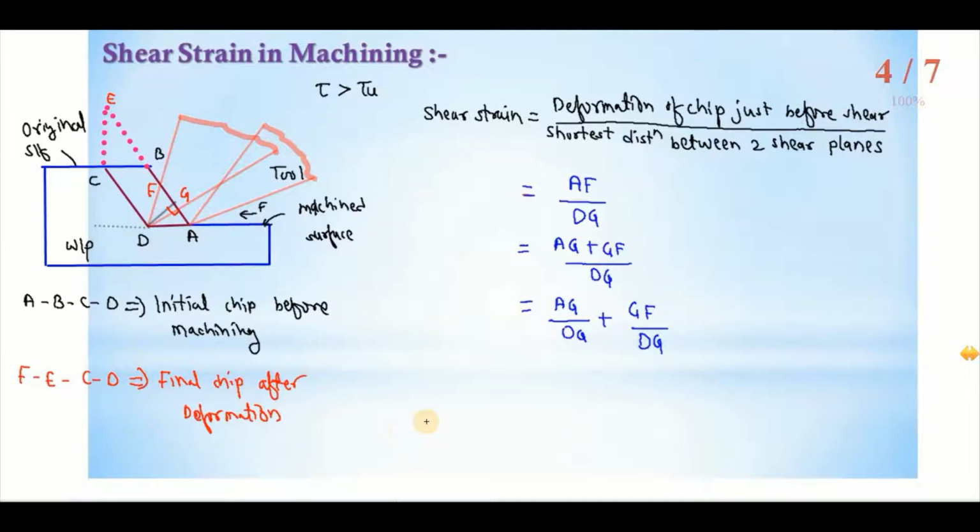Now for the shear strain, if you see the rectangle we are getting here, in this rectangle, if you draw all the forces, I will take here, remember that diagram, the rectangle that we are drawing here. So the points are, this is A, this is F, this is D, and the normal we have drawn to the center of this AF, the point is G. So this is the shear plane AF.